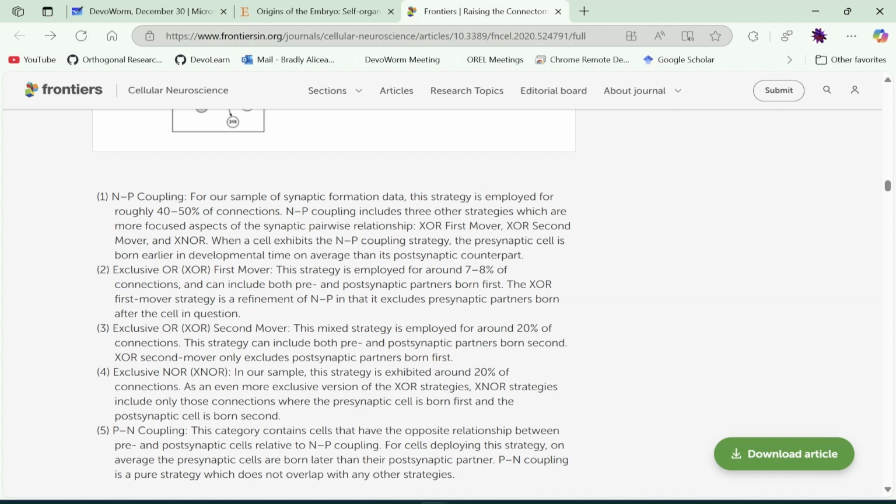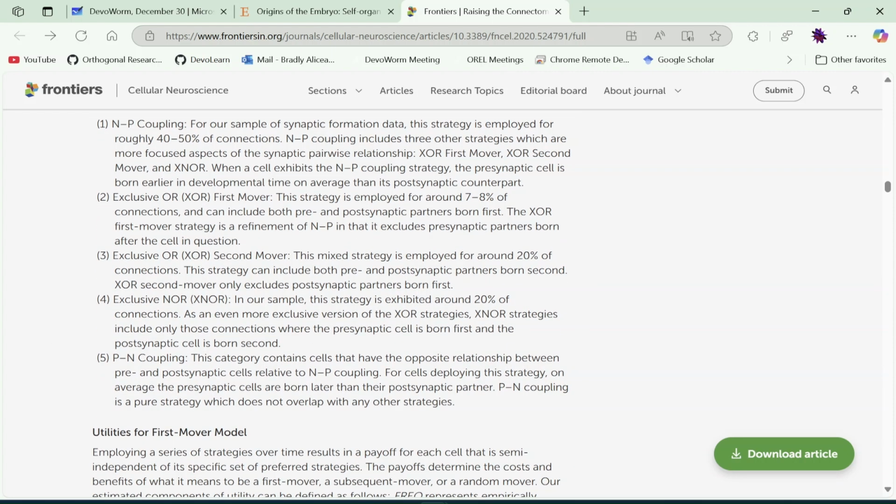NP coupling, this strategy is employed for roughly 40 to 50% of connections. NP coupling includes three other strategies, which are more focused aspects of the synaptic pairwise relationship. Exclusive OR first mover is employed for around 7 to 8% of connections and can include both pre and postsynaptic partners born first. This exclusive OR first mover strategy is a refinement of NP coupling, and it excludes presynaptic partners born after the cell in question.